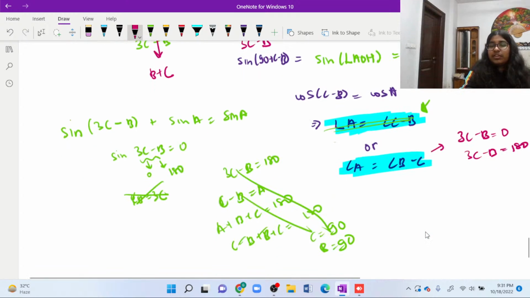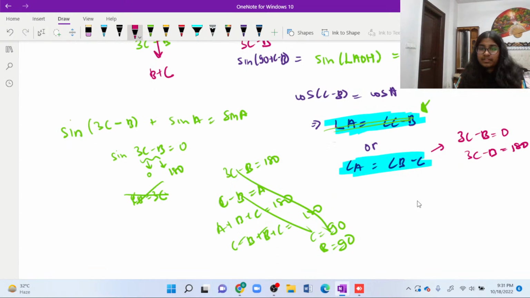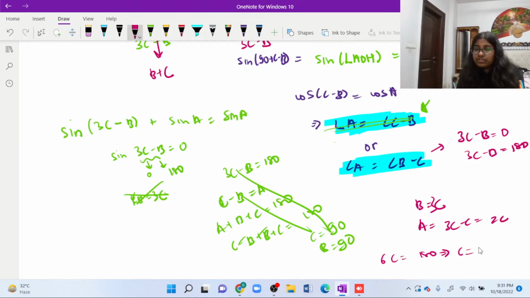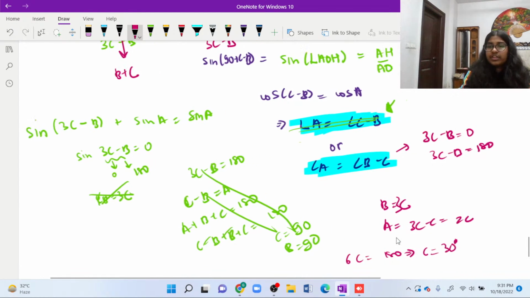If 3C minus B equals 0, then B equals 3C, A equals 3C minus C, which is 2C. That means 6C equals 180, C equals 30. Yeah, C equals 30 degrees.